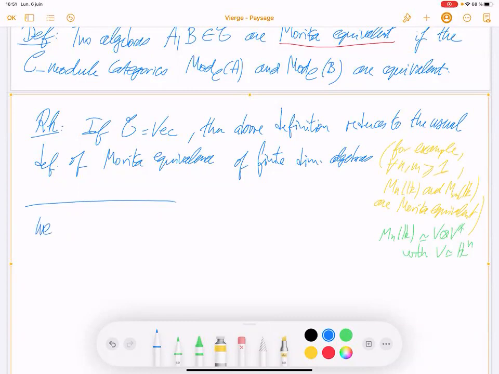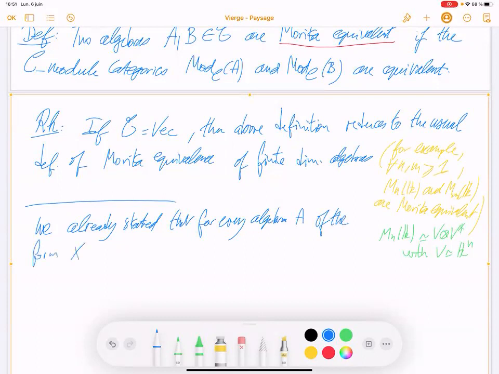So let me write that before finishing for today. We already stated that for every algebra A of the form X tensor X star, then mod-CA is equivalent to C as a C-module category.